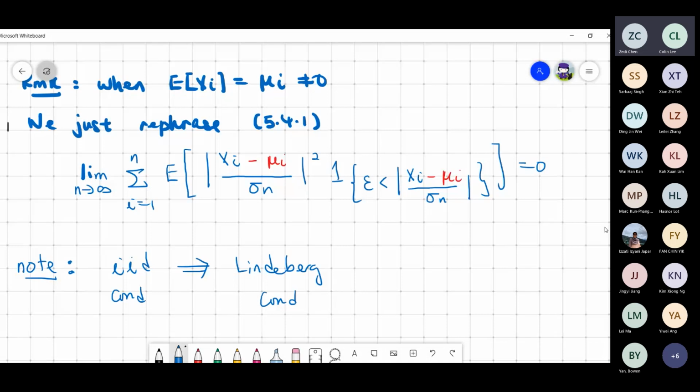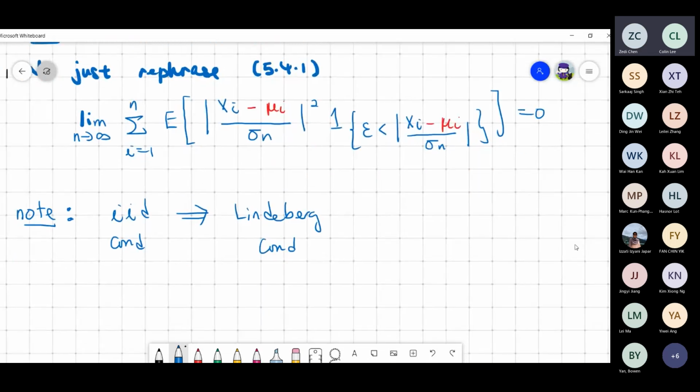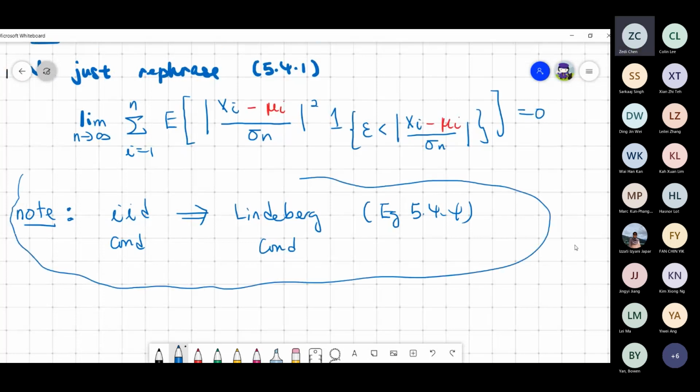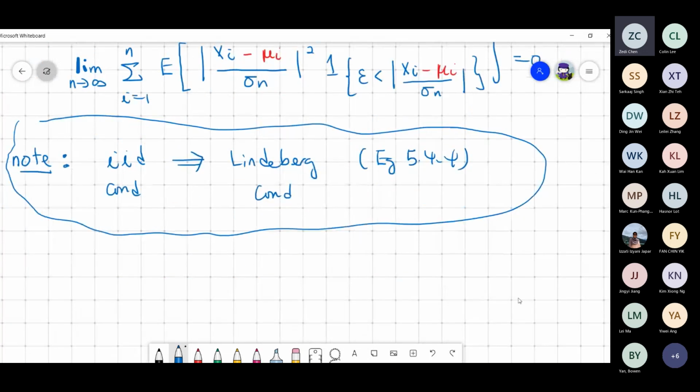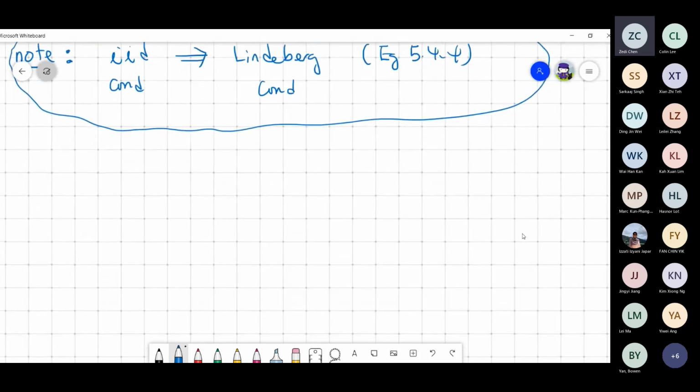As we discussed in the earlier lecture, this means whatever conclusion arises from the Lindeberg condition also holds for independent and identically distributed variables. So this is one. This is actually the next example, example 5.4.4. Let's look at these examples.